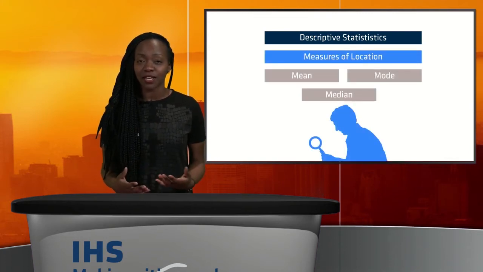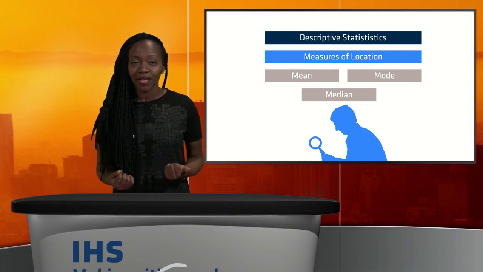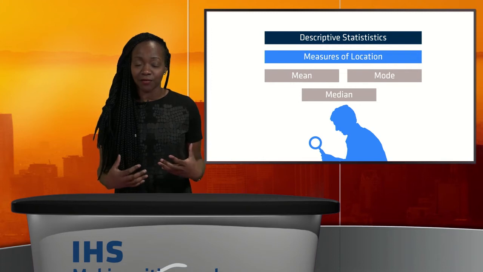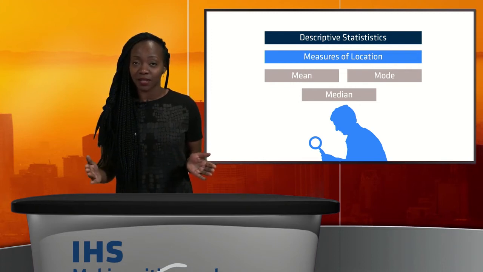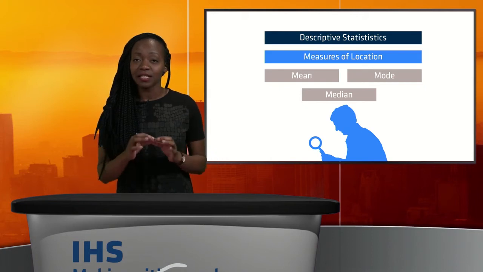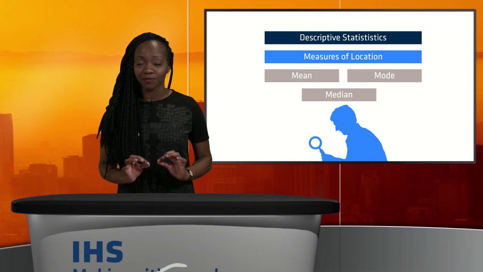Measures of location include mean, mode, and median. The mean, or otherwise the average, is obtained from adding several data points together and dividing the sum by the number of data points in your variable.